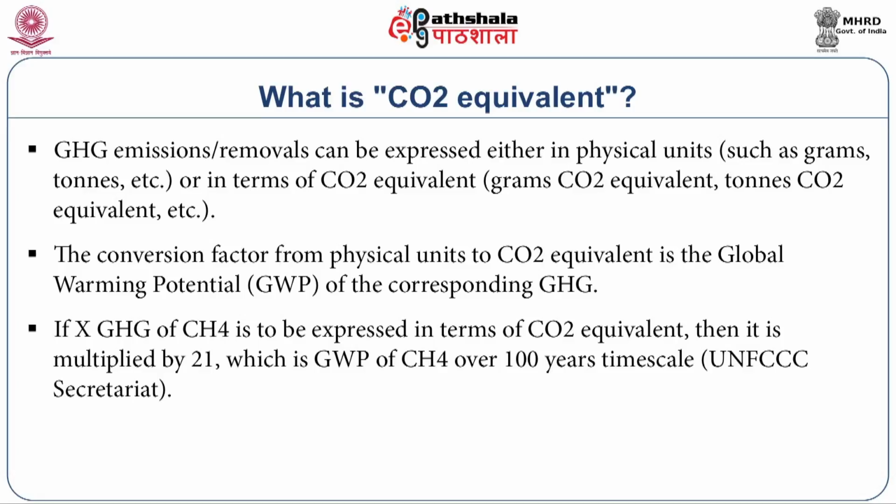If X grams of methane is to be expressed in terms of CO2 equivalent, then it is multiplied by 21, which is the global warming potential of methane over 100 years timescale, as per United Nations Framework Convention on Climate Change Secretariat.